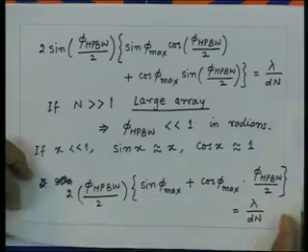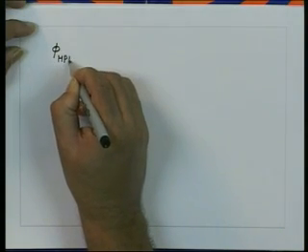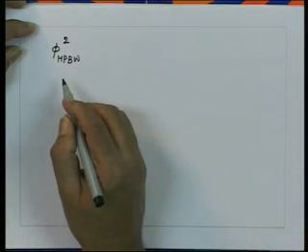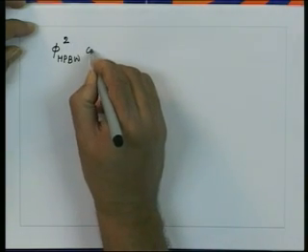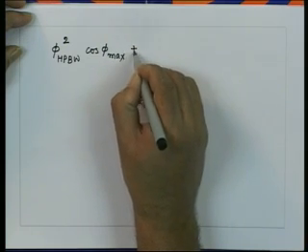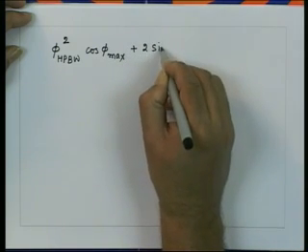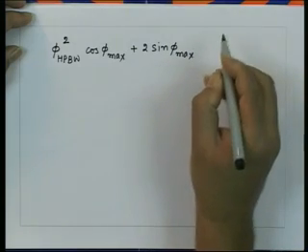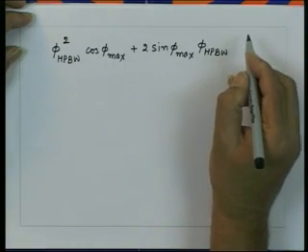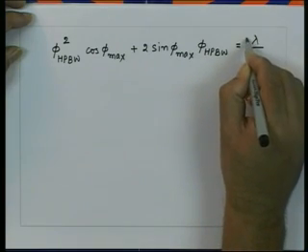I can simplify this a little further to get the expression: phi half power beam width square cosine of phi max plus 2 times sine of phi max phi half power beam width, that is equal to 2 lambda upon dn.